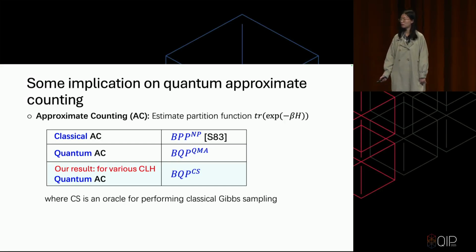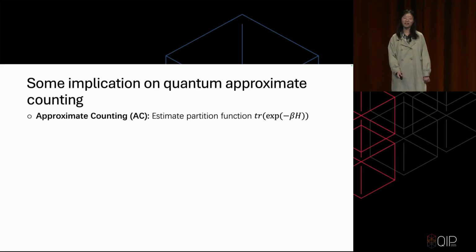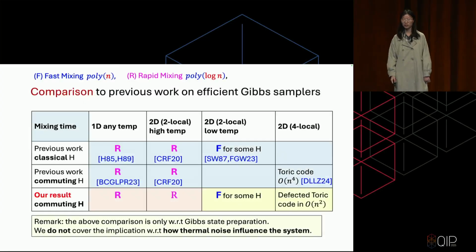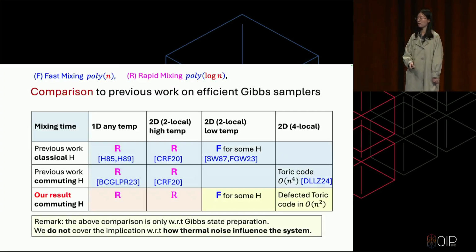I see, thanks. Another question: you mentioned you may want to prepare the Gibbs states for the toric code Hamiltonian. I was just curious, why do we want to do this? This is not our motivation. There are two different questions. First, why I'm doing it here: this is just a corollary, because we want to compare with the previous work.